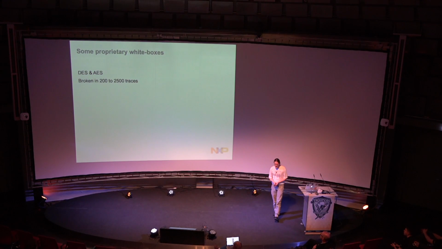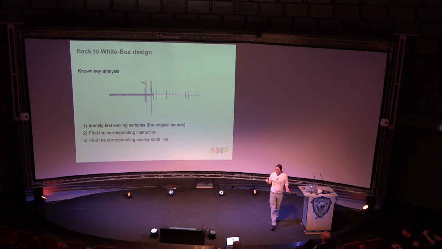So we are doing the same as when we attack hardware, but here there is a big advantage as a designer of a white box to be attacked by that model and to work hand in hand with the hacker who tries to break your stuff. Because here, we can go back to the design.